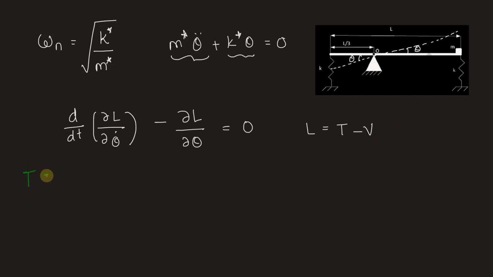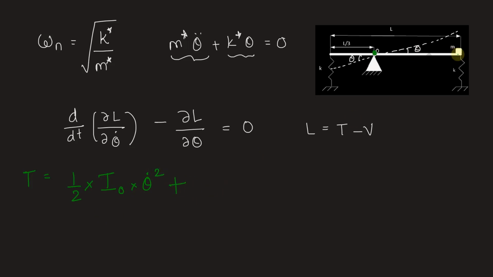Kinetic energy T can be found like this. Theta is our independent coordinate, so naturally kinetic energy will be in terms of moment of inertia rather than in terms of mass. For the bar, the moment of inertia is ML square by 9, and therefore its kinetic energy will be half into the moment of inertia of the bar about the pivot point O, we'll write it as I O, into omega square, which is theta dot square, the velocity square.